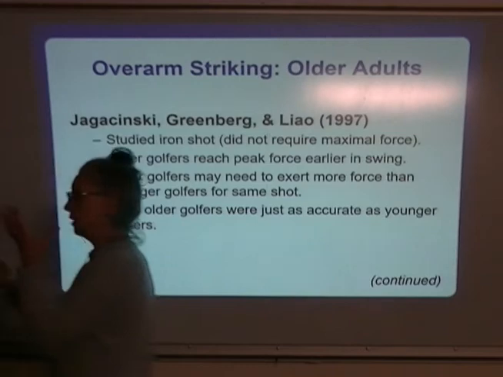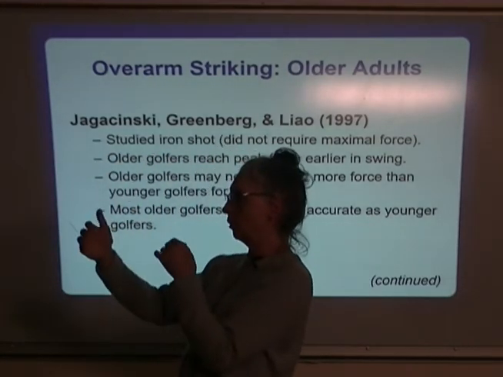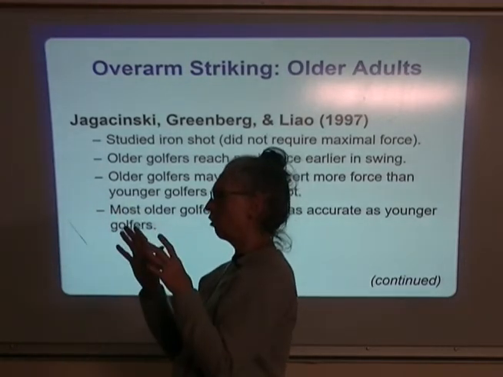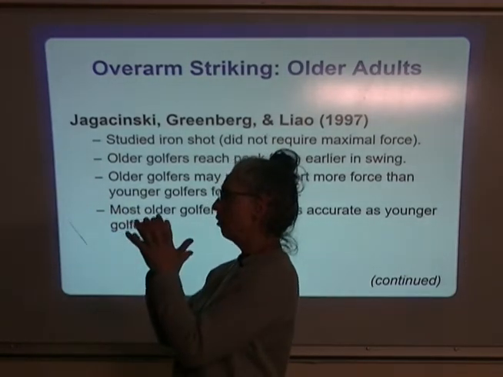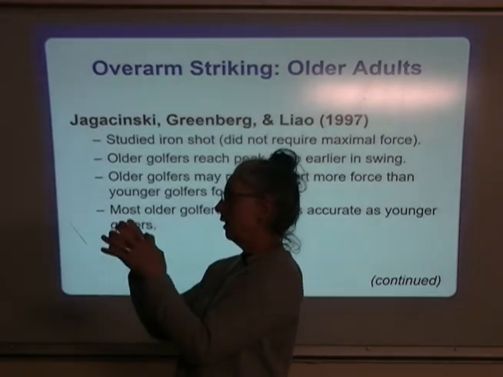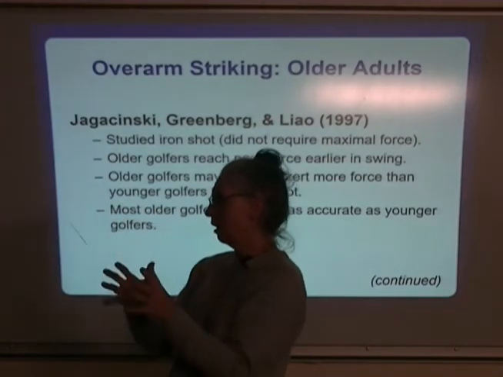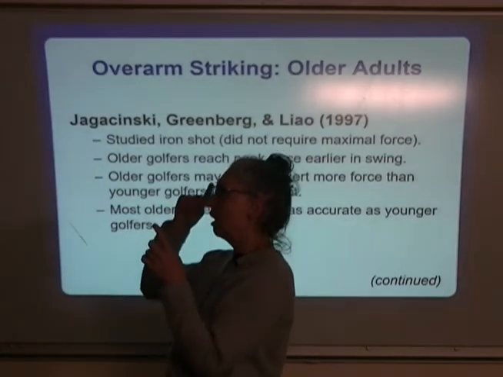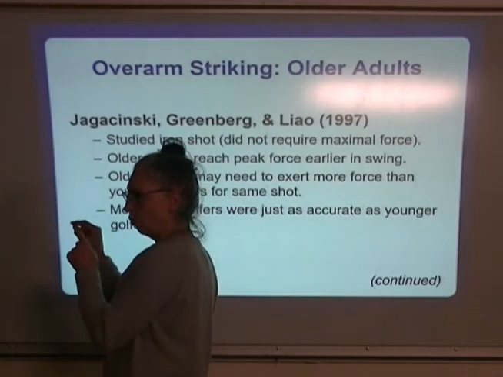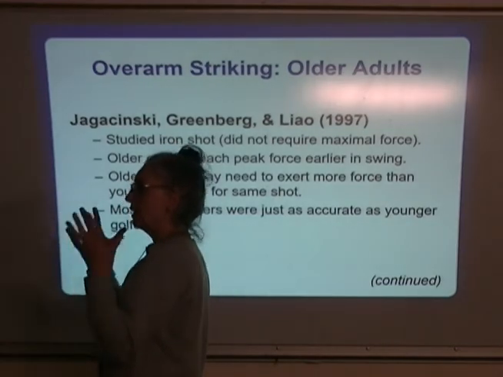And so what we see often with older adults, particularly in tennis, when I watch older adults play tennis, I don't know very much about golf, I have to say, is that even though they're slower than the younger people, their understanding of where the ball is going to go on the court, because they've been playing for a long time, is very good.